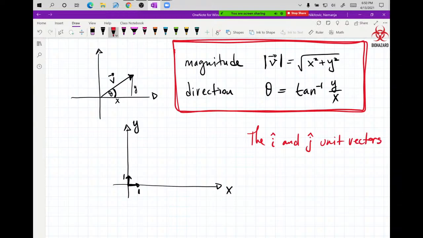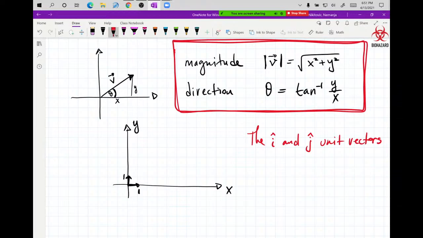Now you might wonder, what is this little hat on top? And it's literally called a hat. It is the notation for the unit. So when you see the word unit, whatever vector you have, it will have a hat on top. Obviously, it's just a notation for now.